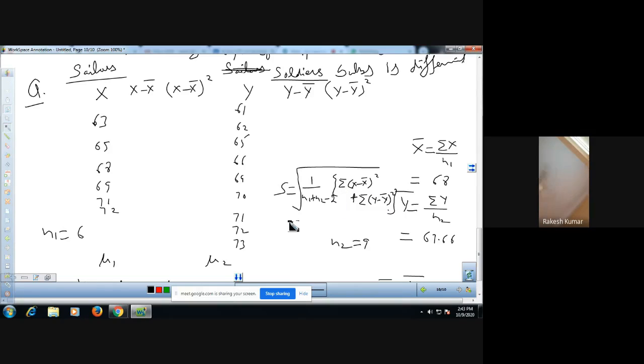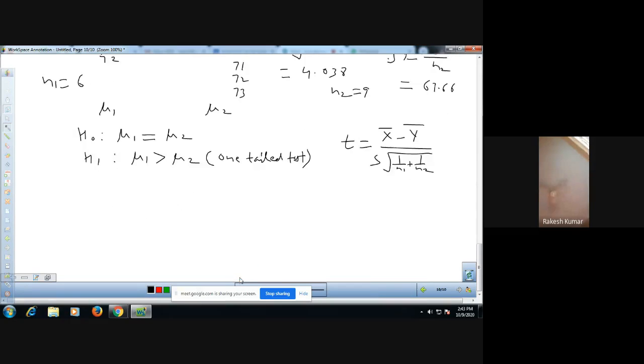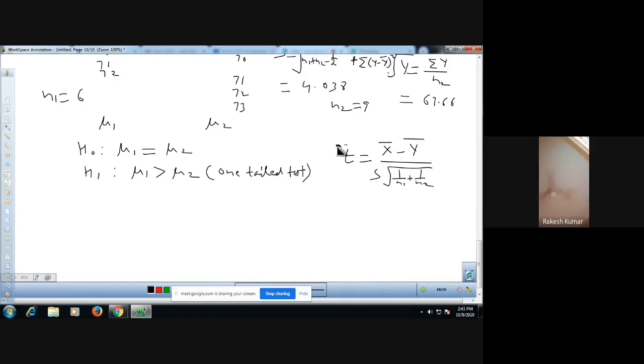N1 is there, N2 is there. So you will be able to find out S, that is 4.038. You can use the calculator here and calculate the value of the pooled standard deviation, that is capital S. After this, you can substitute the value over here.